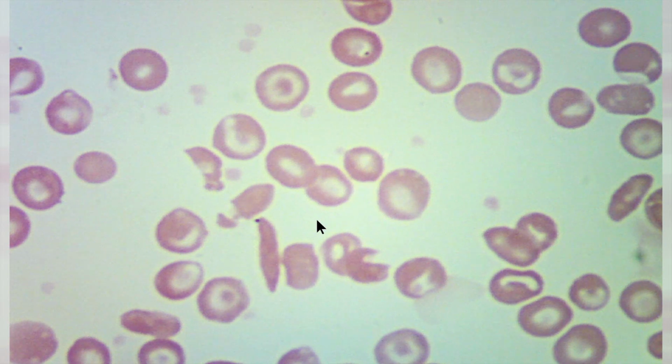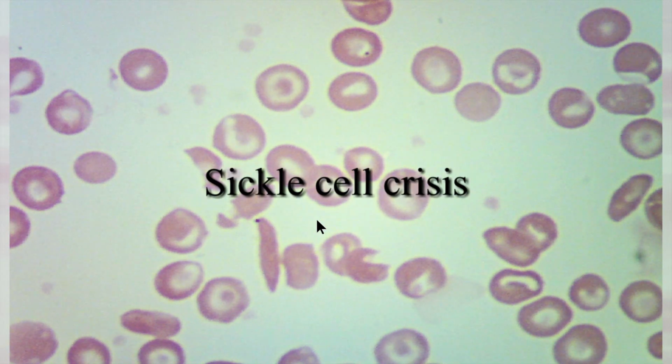There are two important environmental conditions that patients with sickle cell should be aware of. One is the oxygen concentration. They will go through sickle cell crisis when they are exposed to a hypoxic environment. And two, they have to be very careful about the level of hydration in their body. If they become dehydrated, dehydration will result in the sickling of the red blood cells.